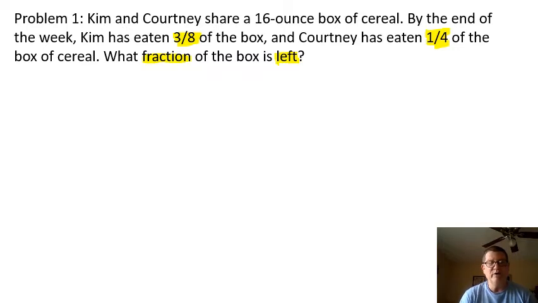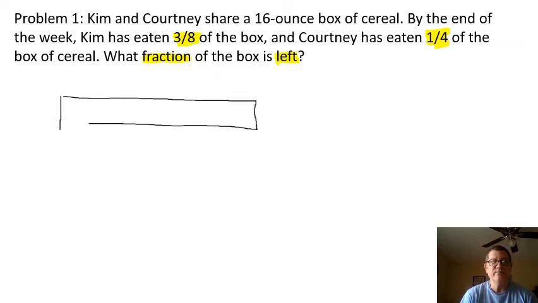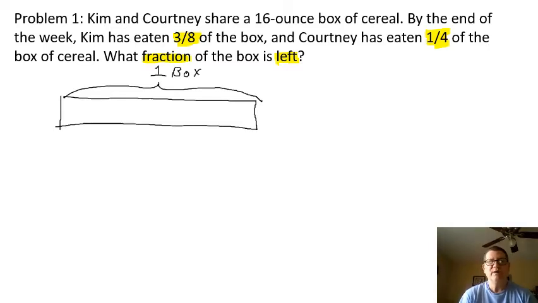So now I'm going to draw something to represent the problem. So first, I draw a box, a rectangle, and I'm going to say this is 1 box, because we want to know a fraction of the box, so that's just 1 box of cereal. Now it says Kim has eaten 3/8 of the box, so I'm going to split these into 8ths.